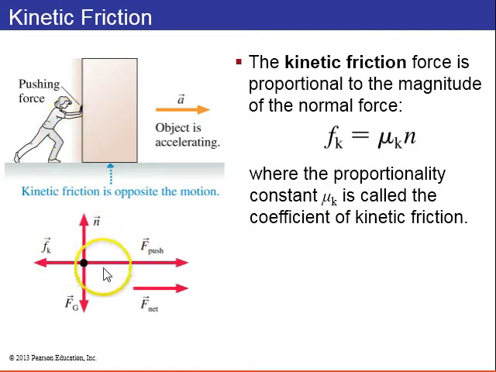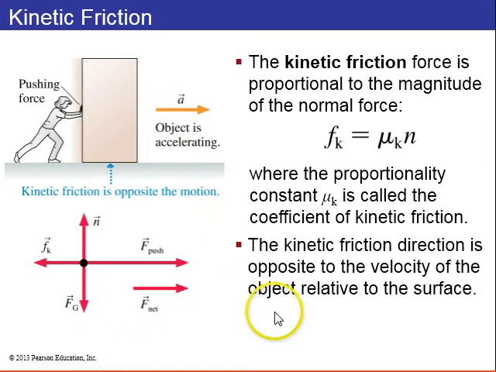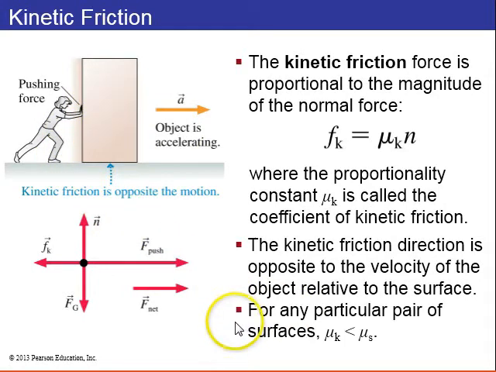So here in this case we have a pushing force which is bigger than the kinetic friction force, so now there's a net force to the right, so the object will be accelerating. But the kinetic friction is always directed opposite to the velocity of the object relative to the surface that it's sliding along.